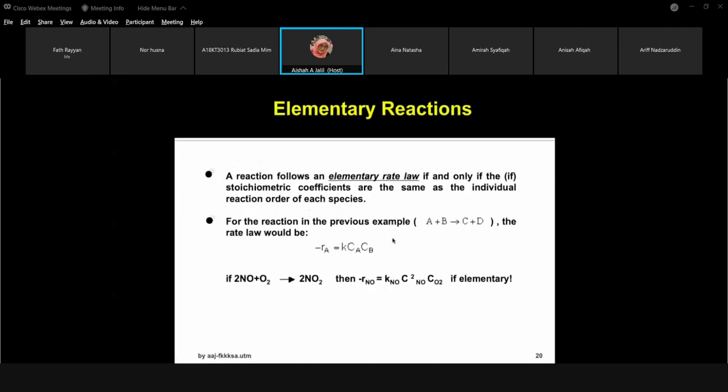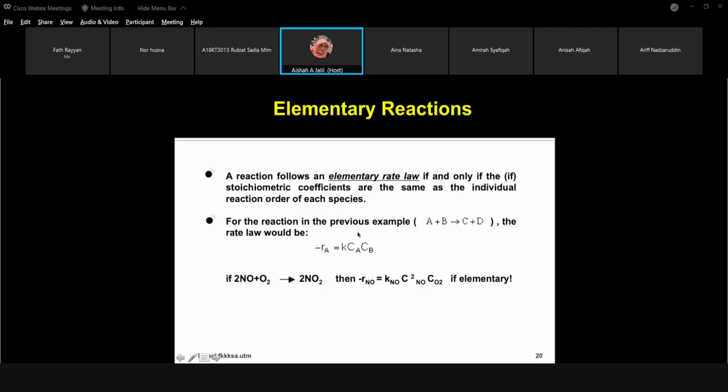Okay, this is elementary reaction. I believe that you still remember the important elementary reaction. The reaction follows an elementary rate law if and only if the stoichiometric coefficients are the same as the individual reaction order of each species.